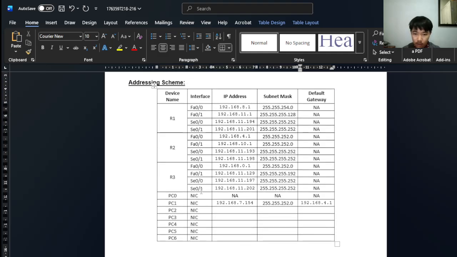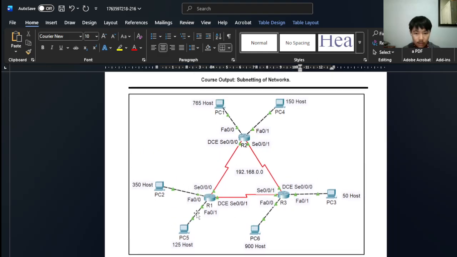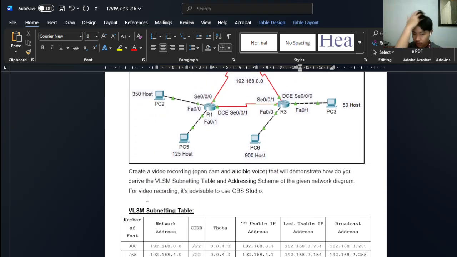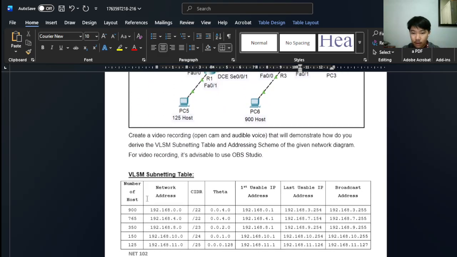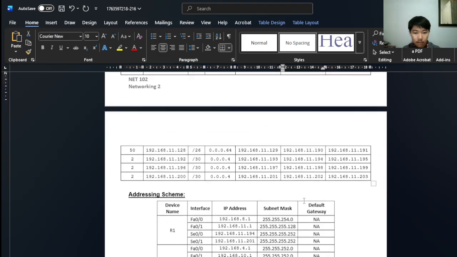So let's look for the PC2. PC2 is 350 hosts. The 350 hosts has a last usable IP address of 192.168.9.54.